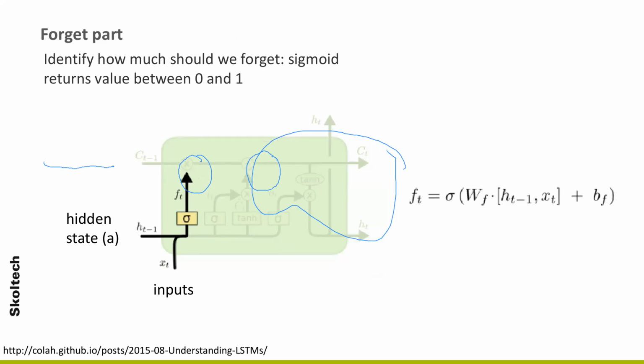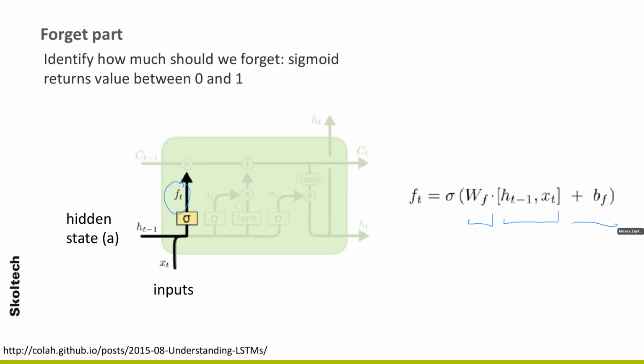In this case, we look at the hidden state and say that this forgetting vector is a concatenation of hidden state and x, multiplied by some weights matrix W, plus some bias, and also some nonlinearity on top, for example, a sigmoid function.